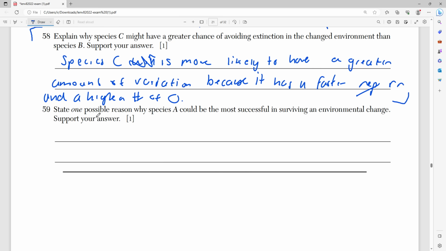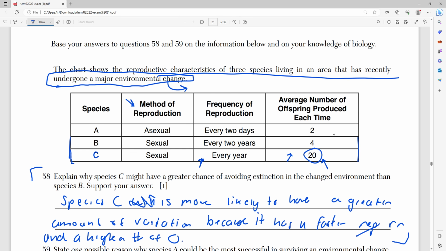So state one possible reason why species A could be the most successful in surviving the environmental change. Well, let's look at species A, right? Species A is asexual, which means that they produce identical offspring and they reproduce every 2 days. Right, so that's very, very fast. Even though they only produce 2 offspring, that's two every 2 days.